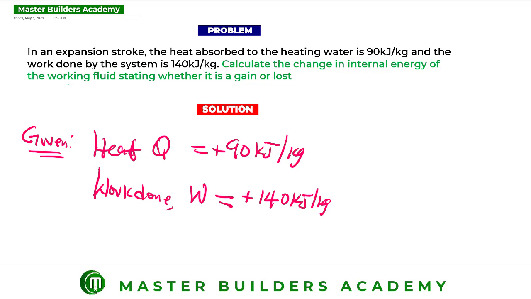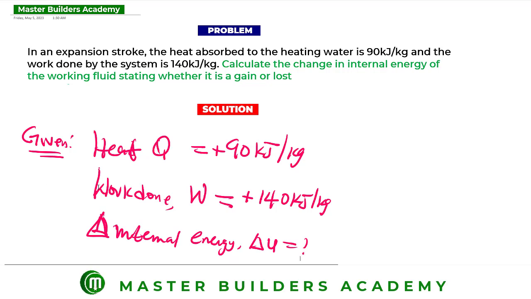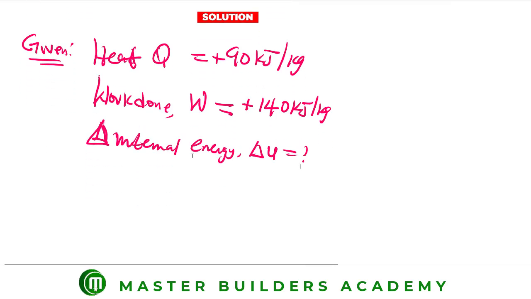Work done by the system is positive and work done on the system is negative. And then what are we looking for? Change in internal energy, which is unknown.